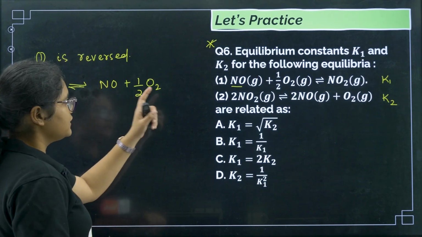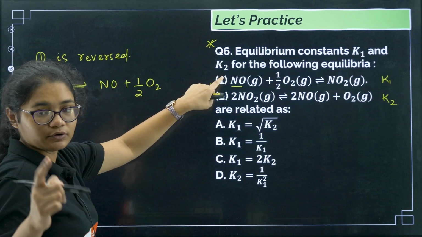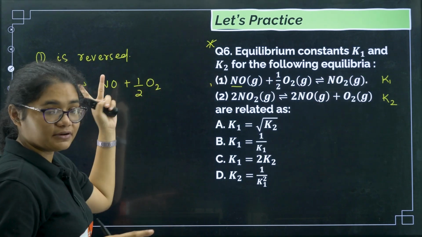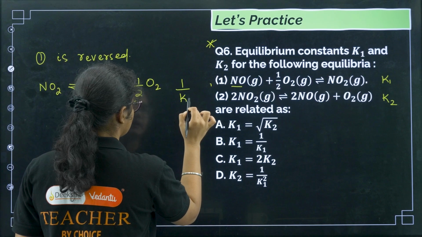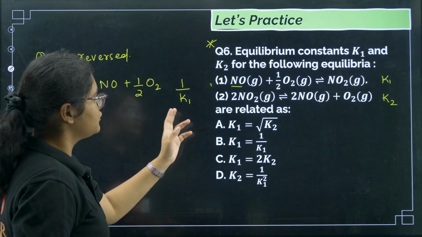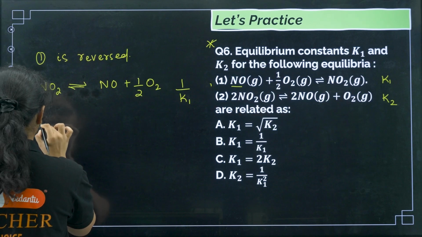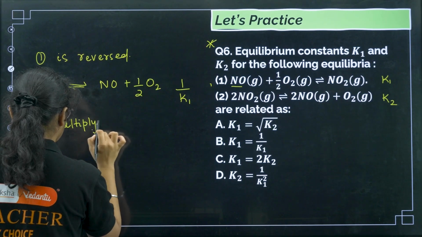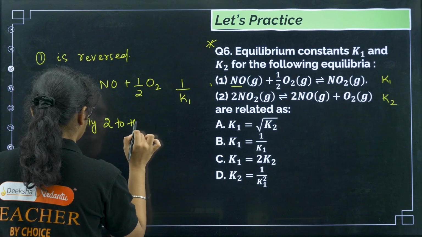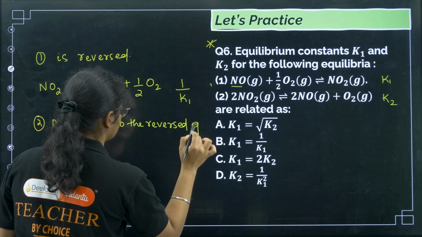Now if the first reaction's equilibrium constant is K1 and I have reversed the reaction, then what will be its K value now? It will be 1 by K1, right? Next, you are multiplying 2 to the whole reversed equation.